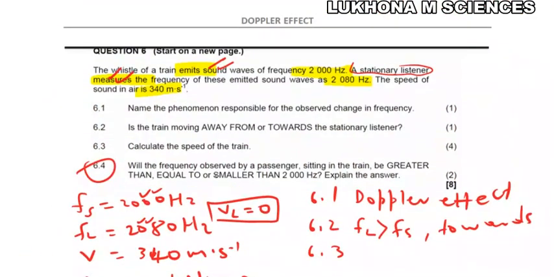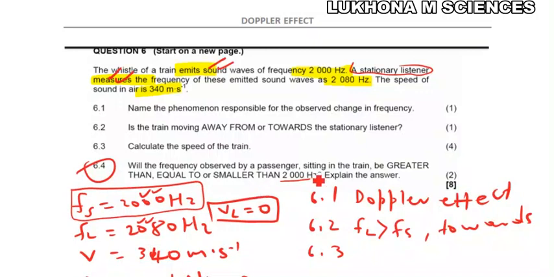Now let's look at another question. Will the frequency observed by the observer sitting in the train be greater than, equal to, or smaller than 2000 Hertz? There is no relative velocity there. The velocity of the listener is the same as the velocity of the sound source.